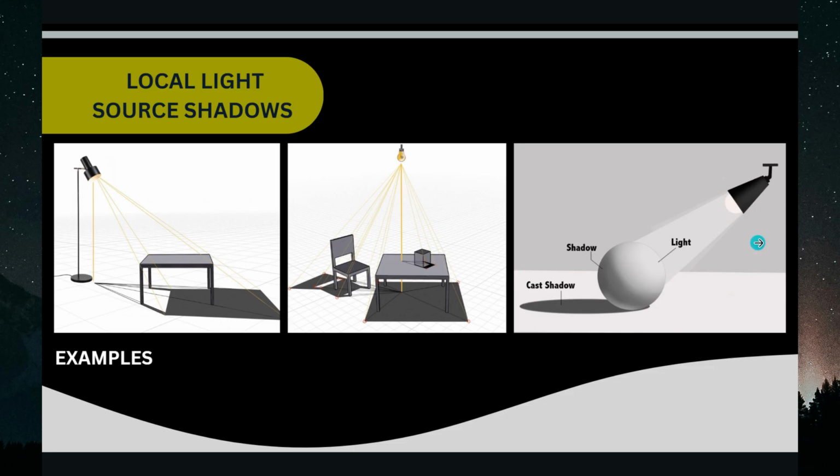The right hand side picture is a very good visual example of making a shadow of a basic 3D form, that is a sphere. This is the source of light, that is a torch or a bulb. Light rays are towards this surface which is very bright. This is the shade line and this is the shade. With different types of pencils we have created this, and this is the cast shadow, right?